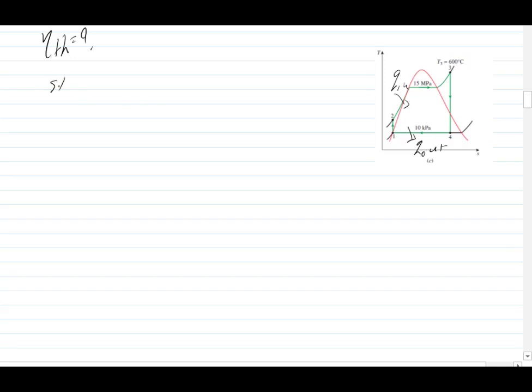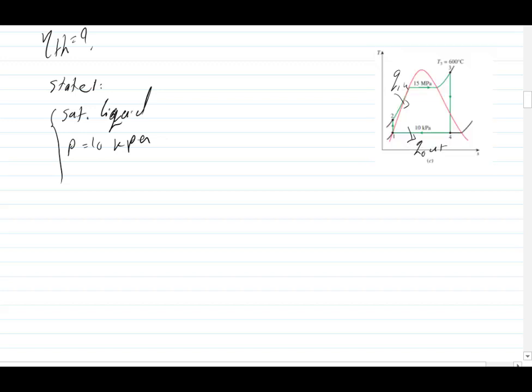For state 1, if you notice here, again we have saturated liquid, and the pressure P is 10 kilopascal.